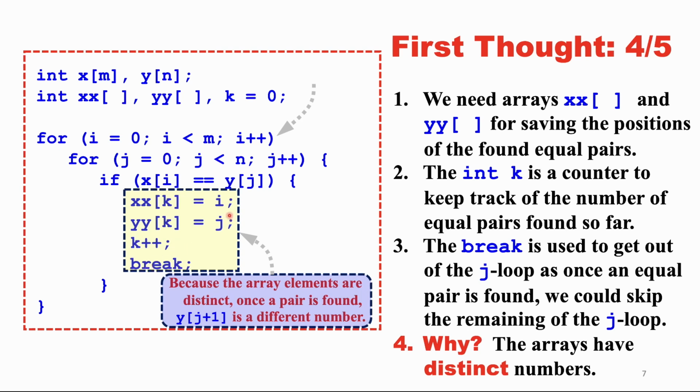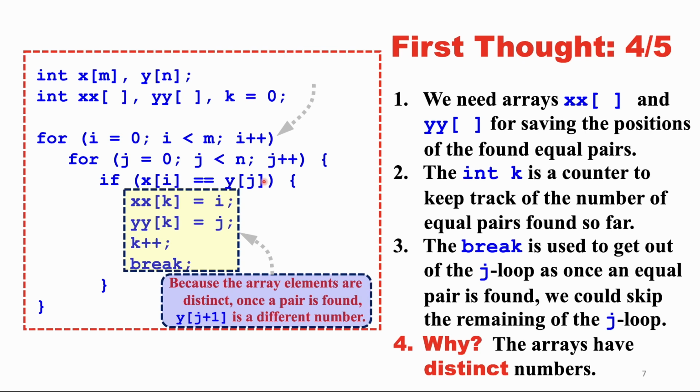So once we find this yj, we know the next yj plus 1 is going to be larger than yj, which cannot be equal to xi. Therefore, once we have found an equal pair, we simply skip the remaining j, because elements in array y are sorted in ascending order and the elements are distinct.